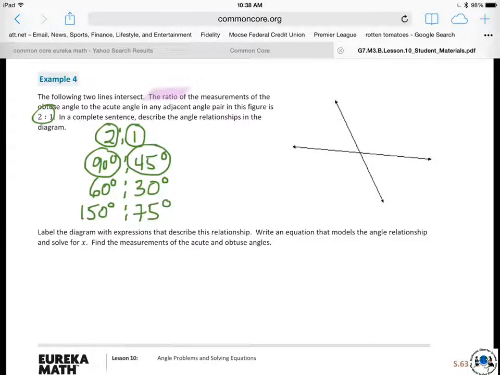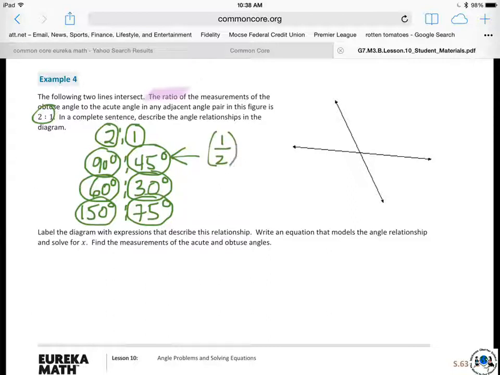So we know if a pair of angles has a ratio of 2 to 1, then one is going to be twice the size of the other, whereas the other is going to be half the size of the first. For example, in this case, we know that 90 is twice the size of 45, but 45 is also 1/2 of 90.